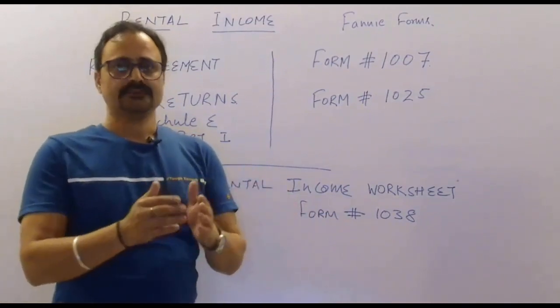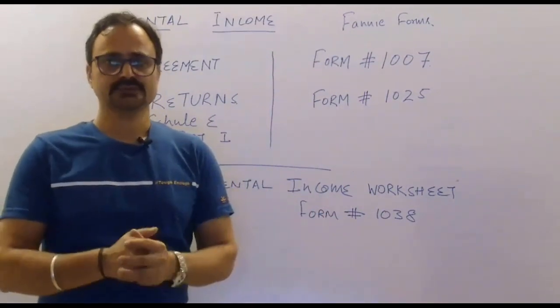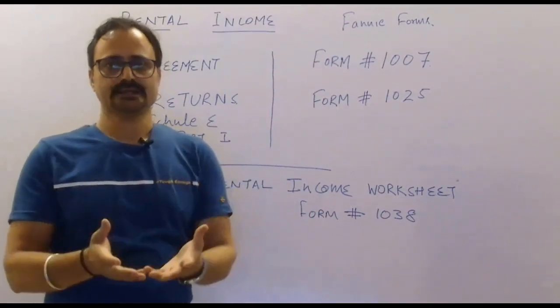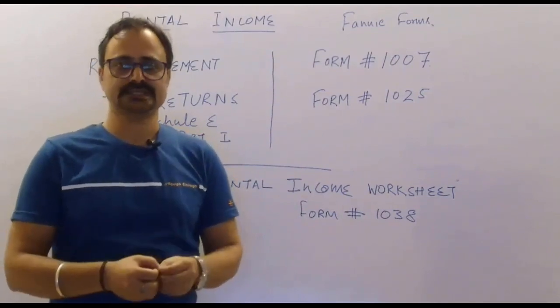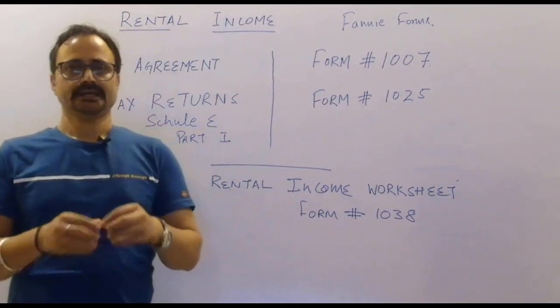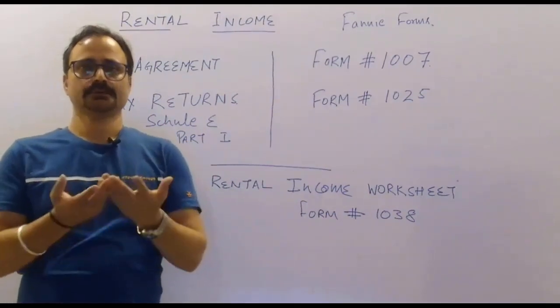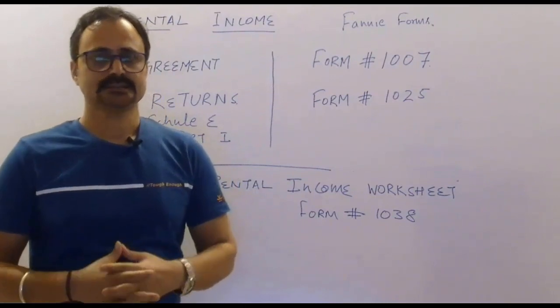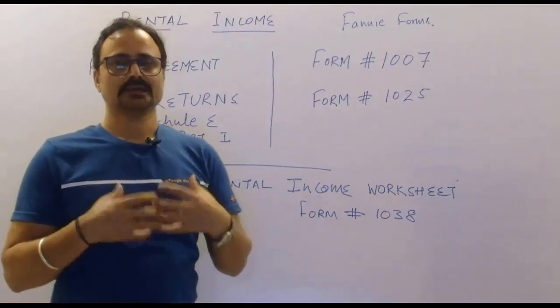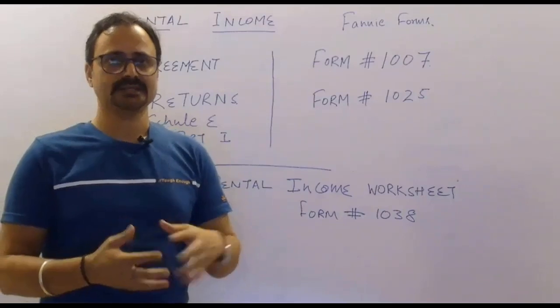By the time I purchased the property, it was not rented out. It took some time, right? My loan was closed, then only I purchased the property, and then I rented it out maybe in December or maybe in January 2023. So now in that case, I cannot ask the borrower to buy that property.